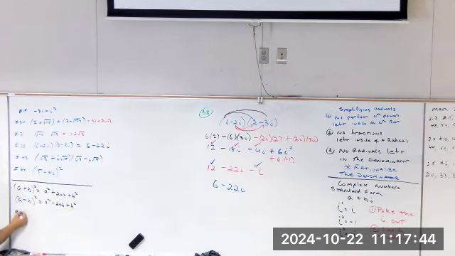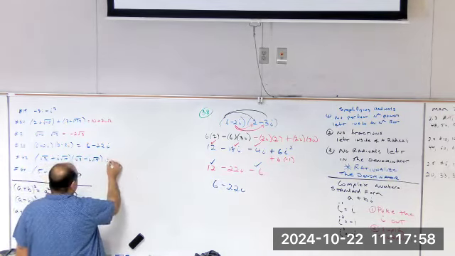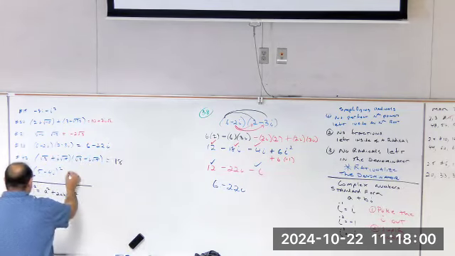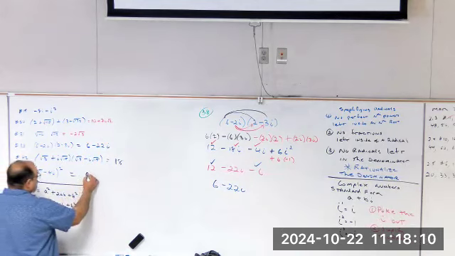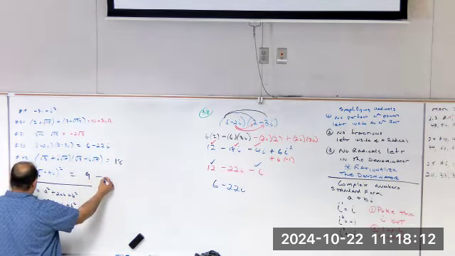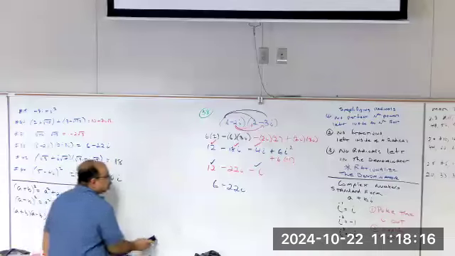And you really want to know that a plus b times a minus b is a squared minus b squared. If you know your special products, you should be able to get to 18. And this is going to be 9 minus 40i.